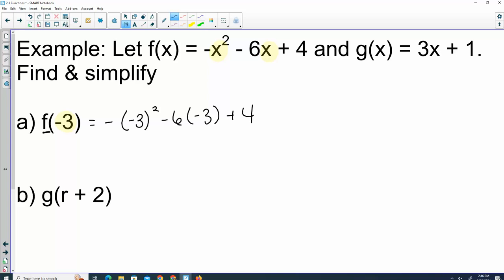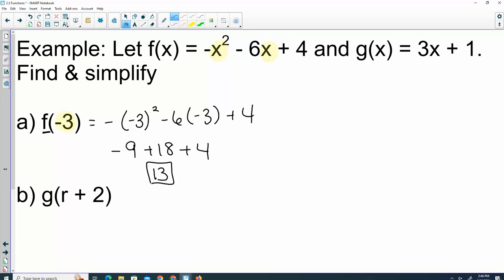Then we have another negative in front, so that would be negative 9. Negative 6 times negative 3. We get 13.